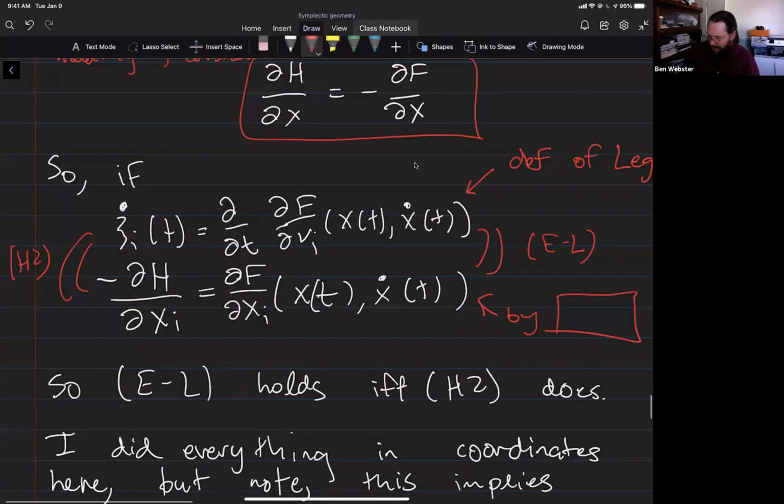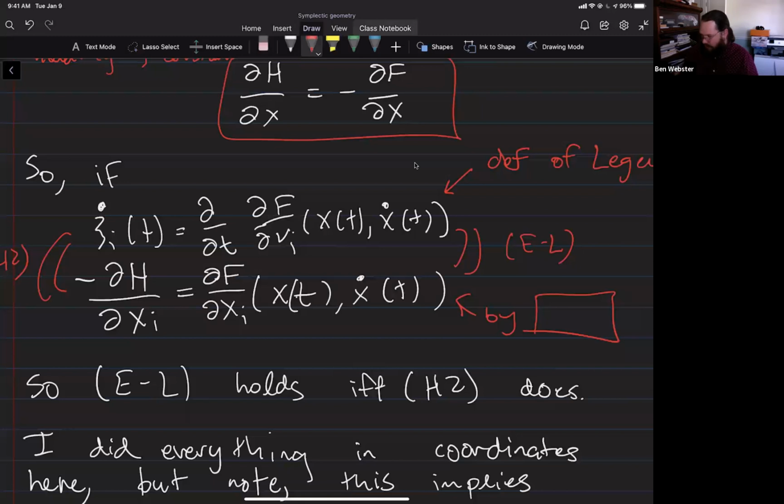Whew. So we get the conclusion that the Euler-Lagrange equations hold if and only if the second Hamiltonian equation holds, and the first Hamiltonian equation was automatic from our setup. All right, any questions?